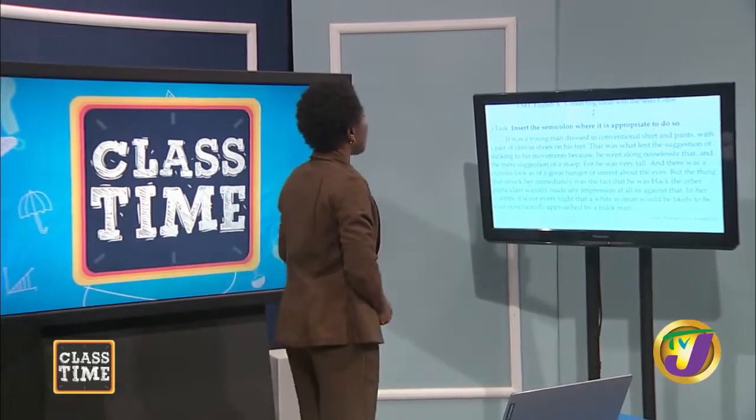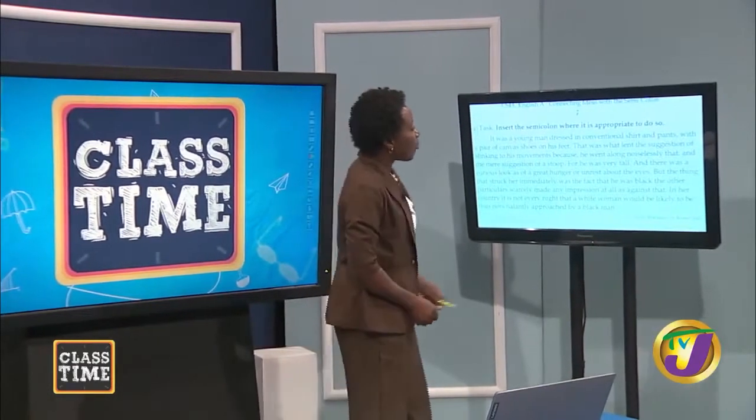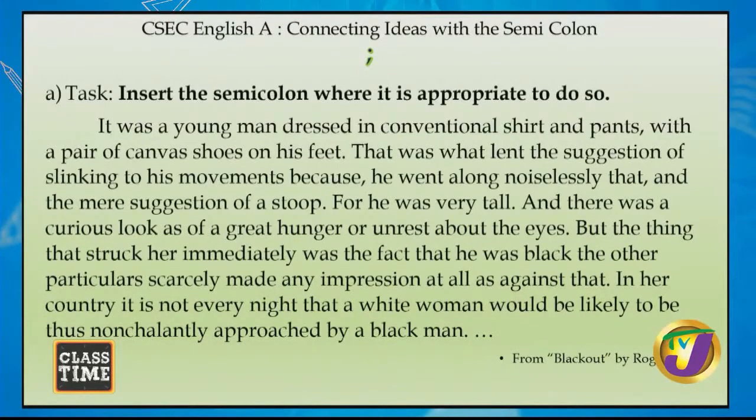Here is a very challenging one. This one is taken from Blackout by Roger Mace. It's creative writing, and so it does not follow conventional rules of writing. You know, creative writers, they really have a license to be able to express themselves. Creative writing is not ordinary writing.